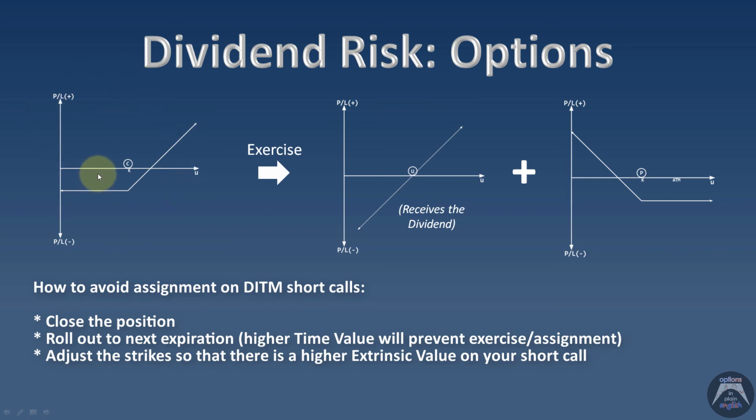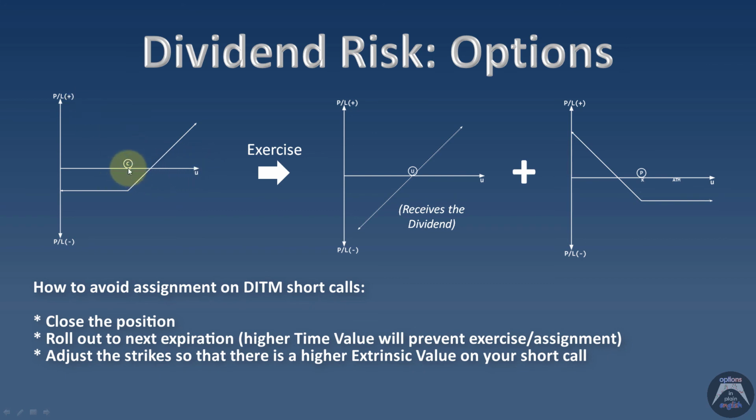So give it more time, such that when you have more time to expiration, you're going to have a higher time value. By having a higher time value, your put is going to be higher as well, the corresponding put. So you're not going to be in a situation where the call holder is going to exercise his or her position and then you're going to get assigned.